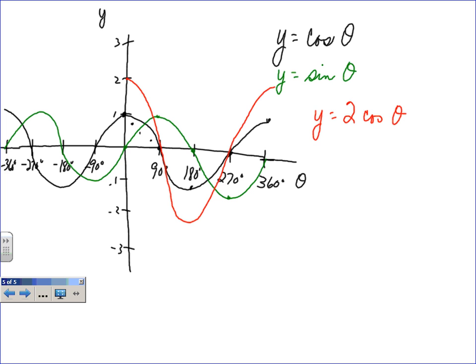So we have the sine curve, cosine curve. Now this vertical stretch, putting it in front of the function, this is called the amplitude. In trig, we don't call it a stretch. The amplitude is, but it does stretch.